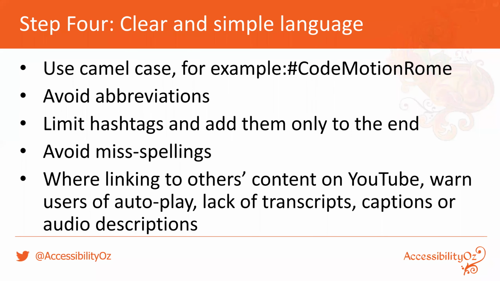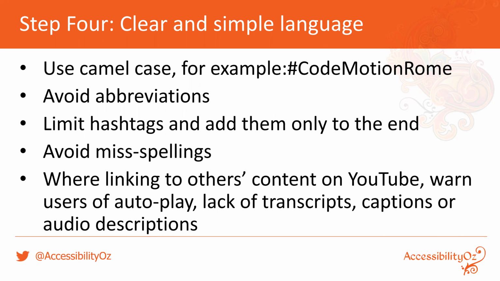The fourth step is using camel case. So for hashtags, you should capitalize the first letter of each word. So for a three-word hashtag, CodeMotionRome, you should capitalize C, M, and R. Or for International Association of Accessibility Professionals, you would capitalize the I, the A, and the P. Do avoid abbreviations.